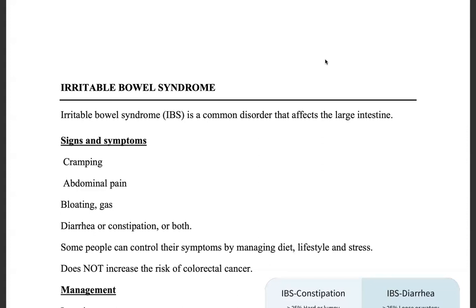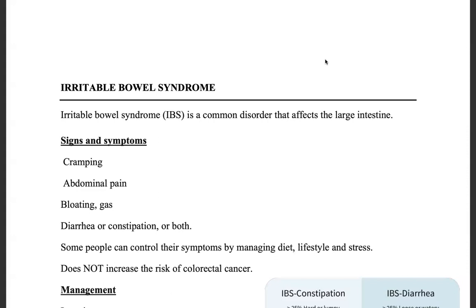Also remember, the Rome criteria suggests that the symptoms must be present in the preceding 3 months. The Rome 3 criteria in 2006 suggests that the symptoms should be present in those preceding 3 months, and at least 3 days per month the symptoms should be present.